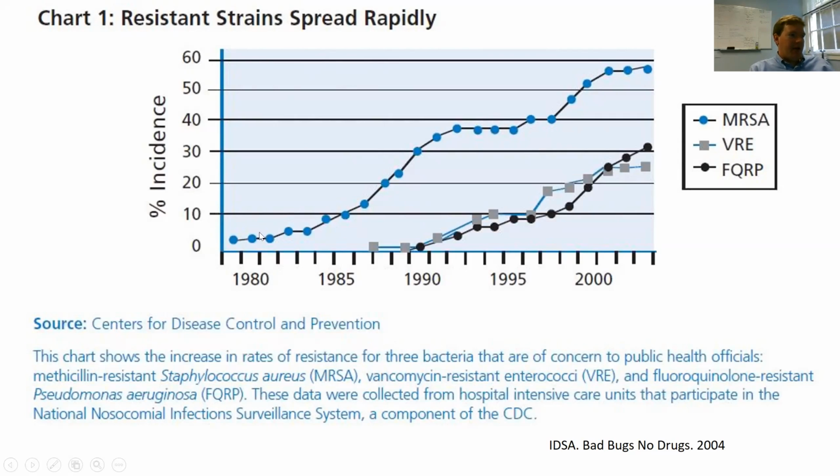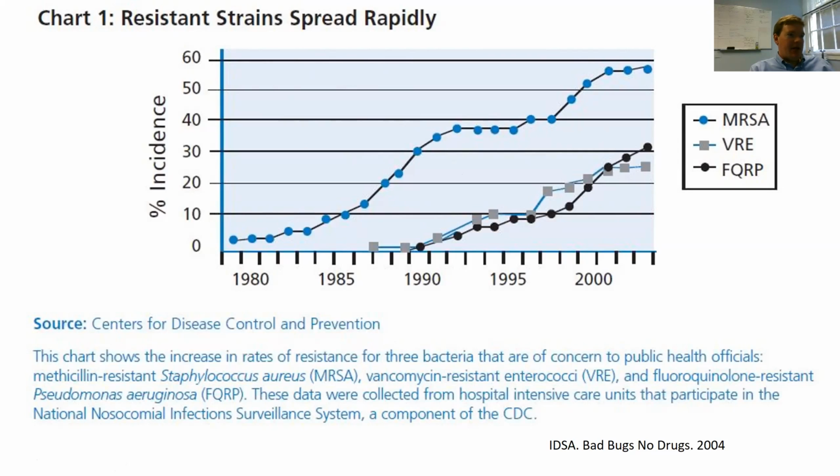So just, if you can imagine, if you were practicing medicine here in 1984, and then the switch over a 4 or 5 year period to 1989, you're really seeing a huge increase in antimicrobial resistance. And then that's been mirrored by VRE, although VRE has not quite reached the same heights.